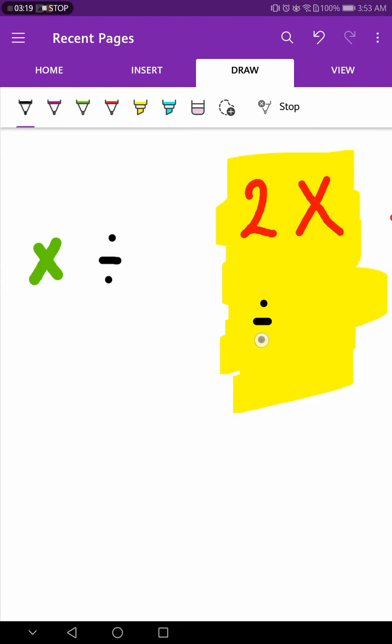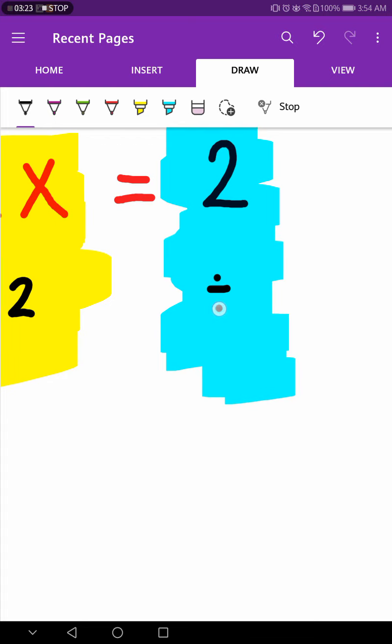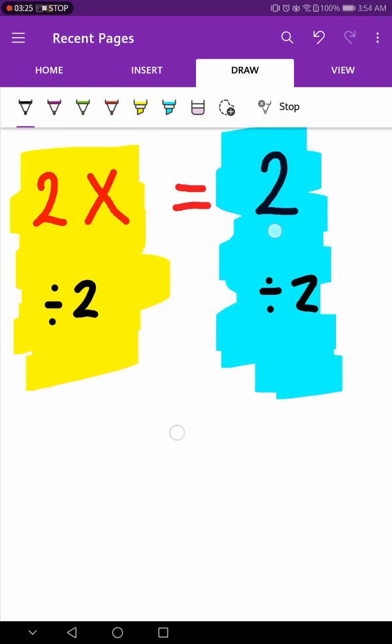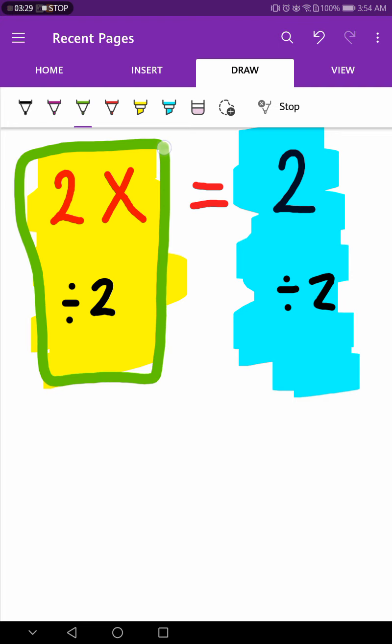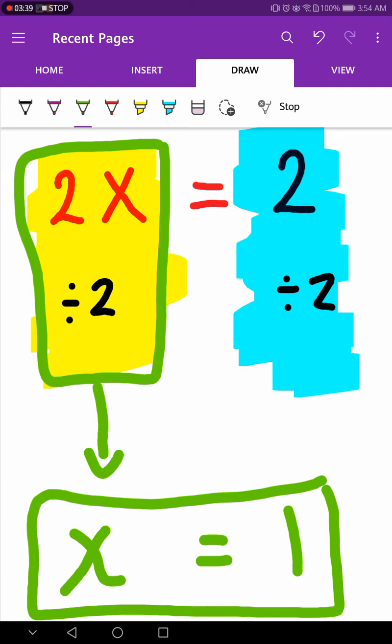So divide by 2 here and divide by 2 here. The x comes down alone, equal 2 divided by 2 equals 1. So the solution is x equals 1.